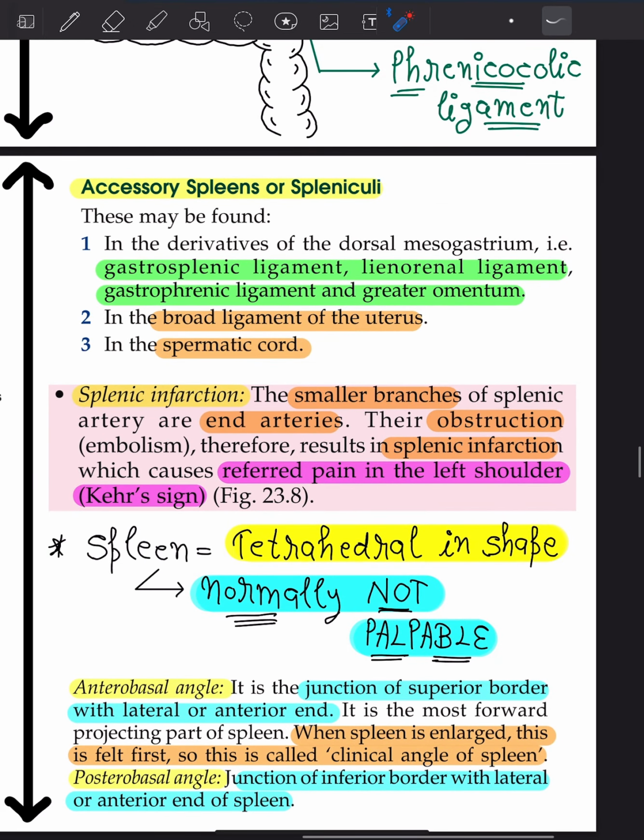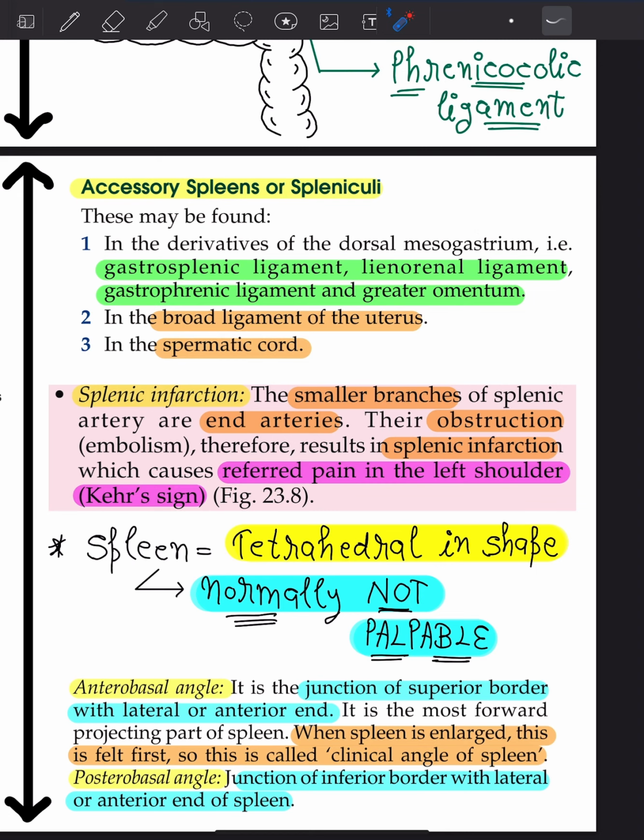Now let's study about the accessory spleens or spleniculi. As we know that the spleen is made up of many small accessory spleens or spleniculi. They can also be found in various other places. The various other places are majorly the derivatives of the dorsal mesogastrium. The dorsal mesogastrium, what's that? If you have the stomach here, the spleen, so this is the dorsal mesogastrium, the ventral part and the dorsal part.